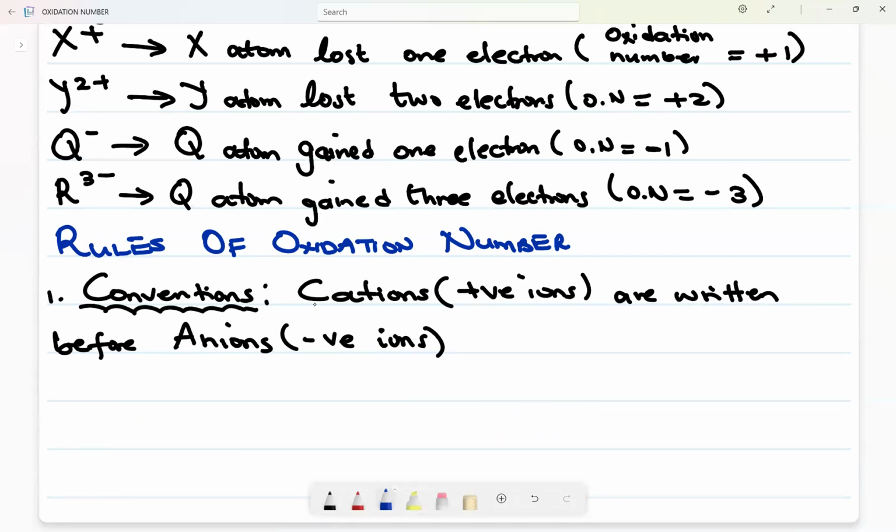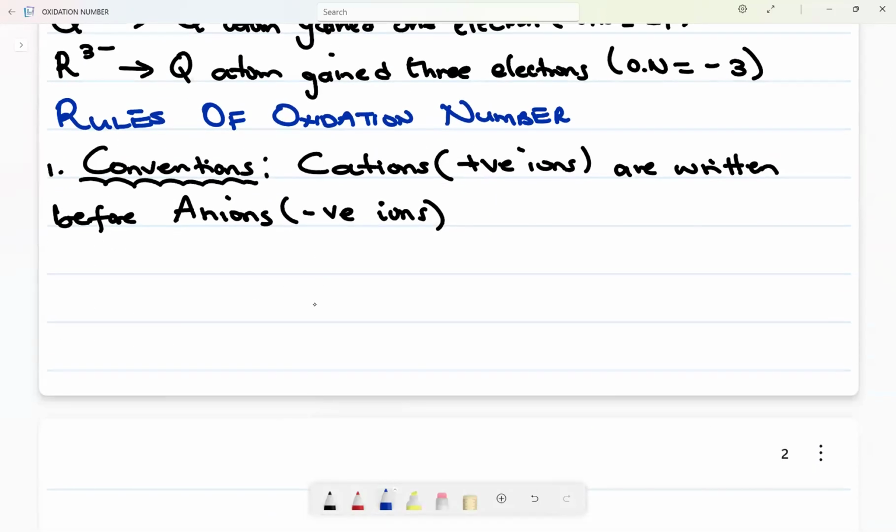So when we are given a compound, basically, we start by writing down the positive ones and then the remainder will be the negative ones. What do I mean? If I'm having sodium chloride as a compound, I'm going to break this into two: sodium and chlorine.